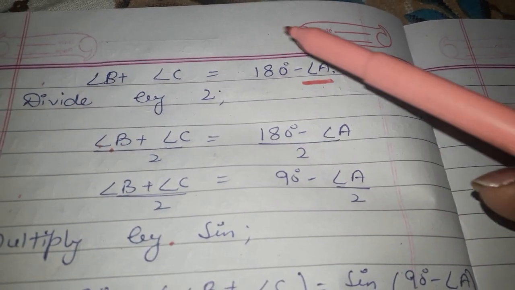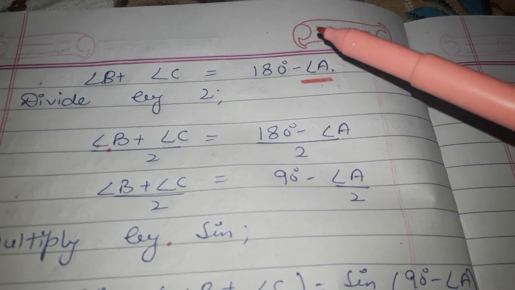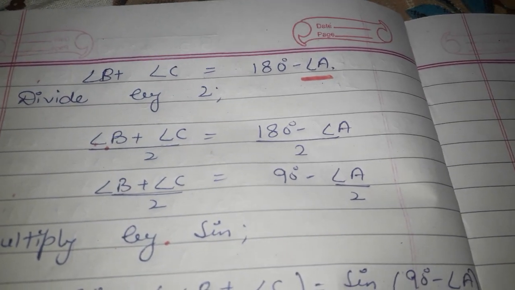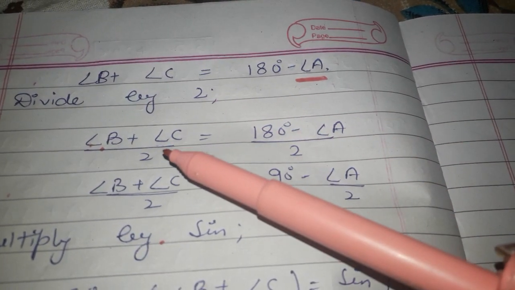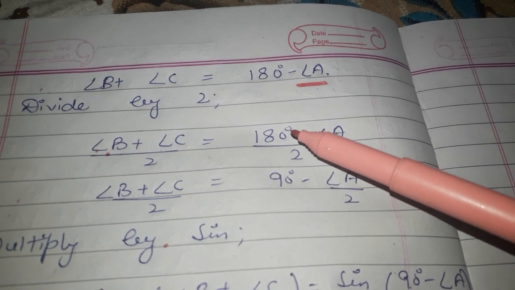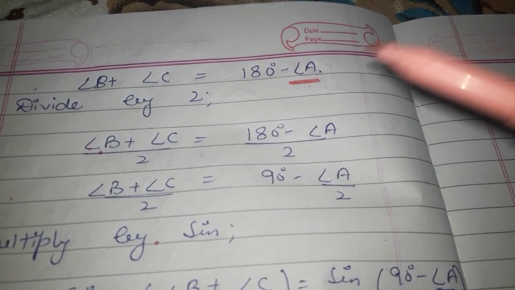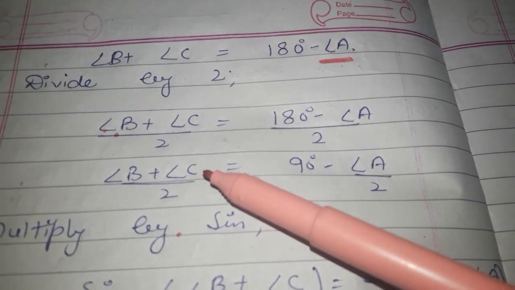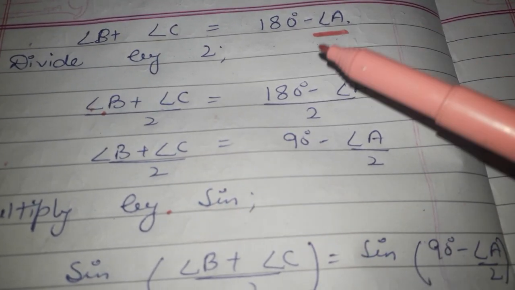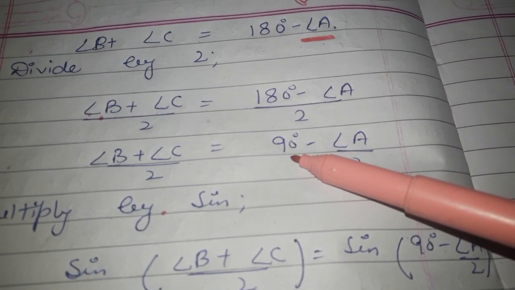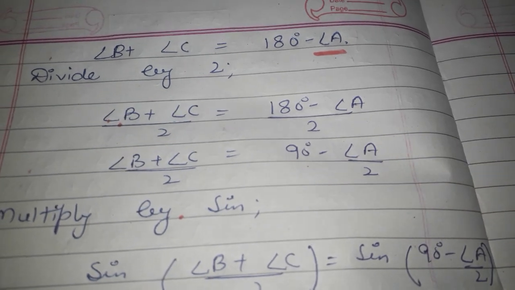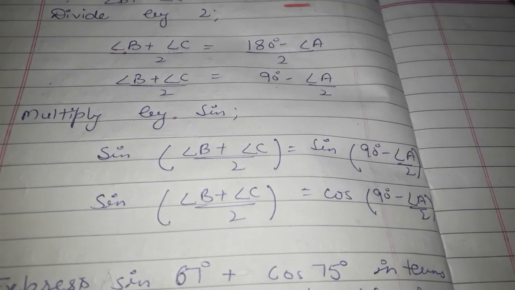Now we have to divide both sides of this equation by 2, both the left hand side and right hand side. Angle (B plus C) by 2 equals (180 degree minus angle A) by 2. Now angle (B plus C) by 2 is written as it is. 180 degree divided by 2 is 90 minus angle A by 2. Now we have to take sine of this equation.